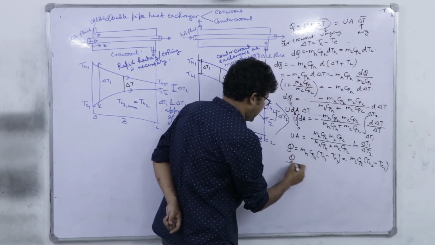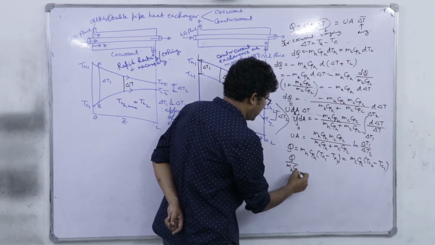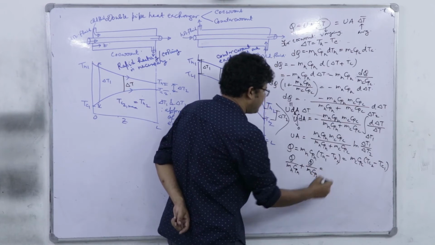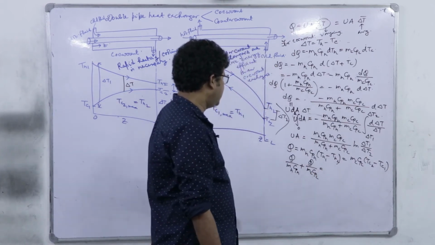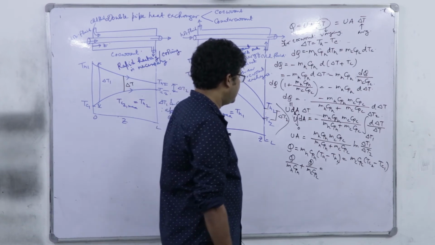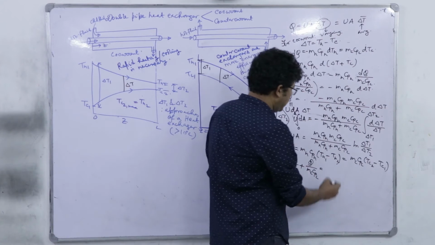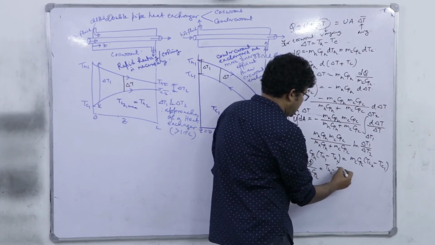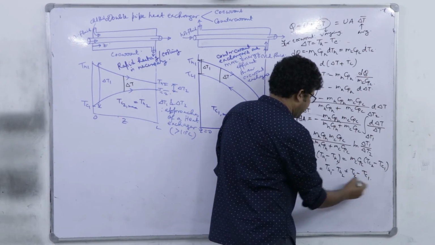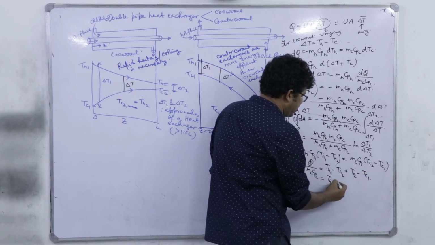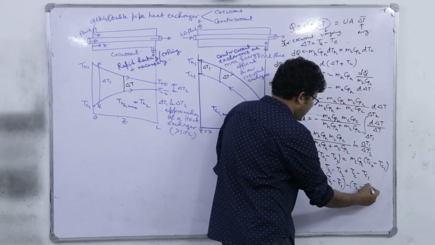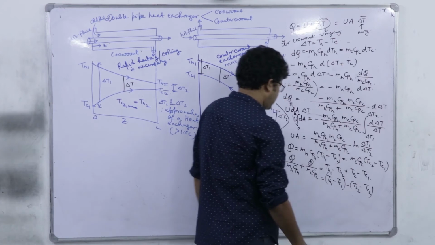So q divided by mhCph plus q divided by mcCpc, that's equal to th1 minus th2 plus tc2 minus tc1. So you can write th1 minus tc1 minus th2 minus tc2, right?